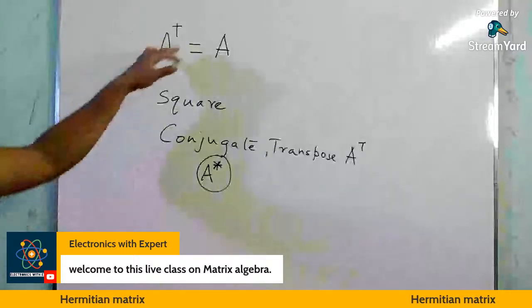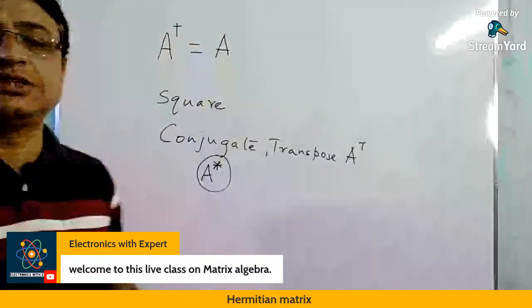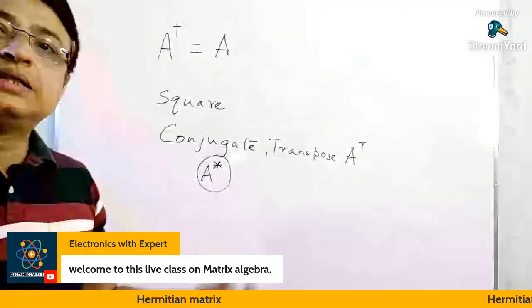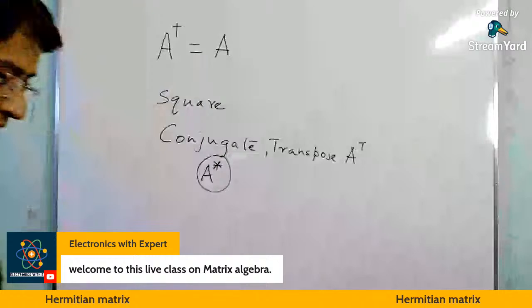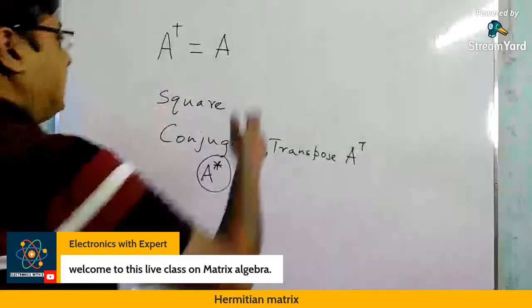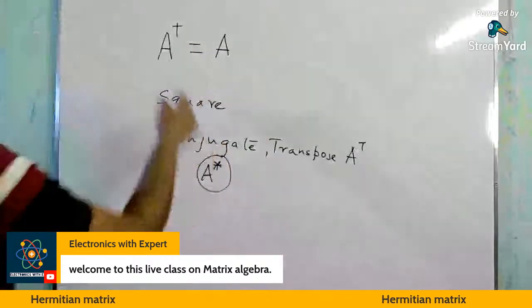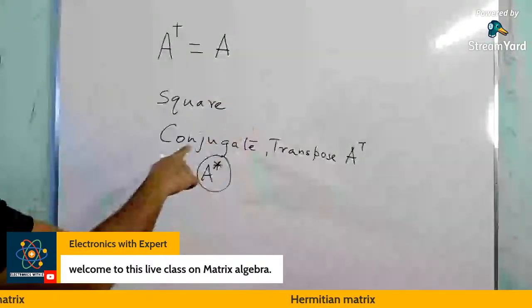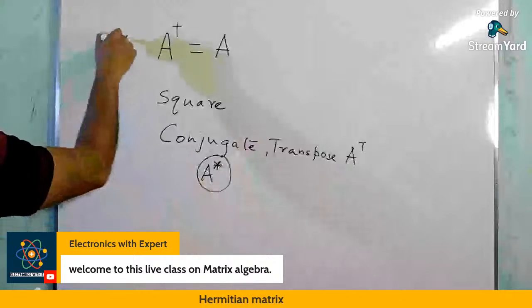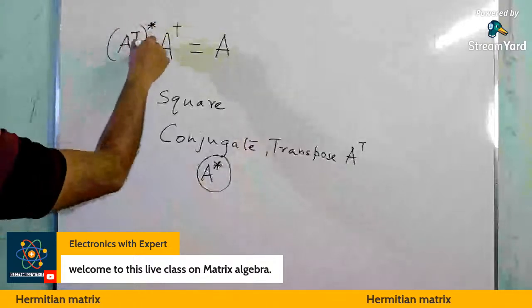Now this is the A dagger. A dagger actually represents the conjugate transpose. What is A dagger? In terms of A T and A star, A dagger can be written as A transpose and then its conjugate.